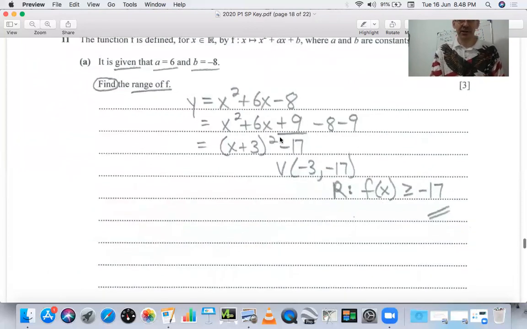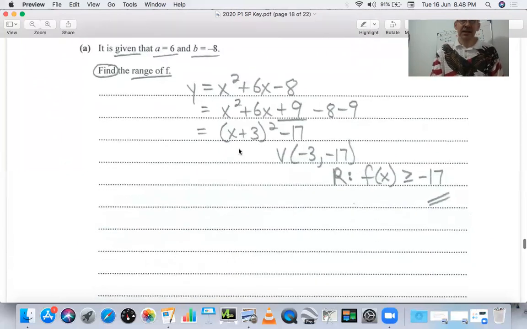This part over here is now a perfect square, which becomes (x plus 3) squared, and the -8 and -9 combine to make -17, meaning our vertex is, we change the sign of the 3 because it's attached to the x, makes -3. The 17 is not attached to the x, so it stays the same sign, -17. So we have (-3, -17) as our vertex.